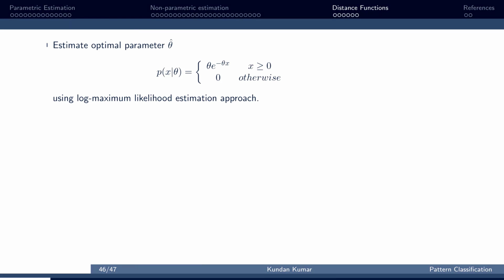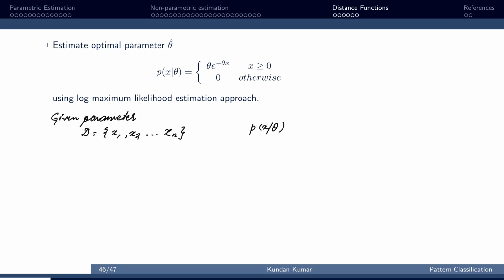So here we have this problem. So now here we have a given data set D, x1, x2, up to xn, which is drawn independently according to p of x given theta.